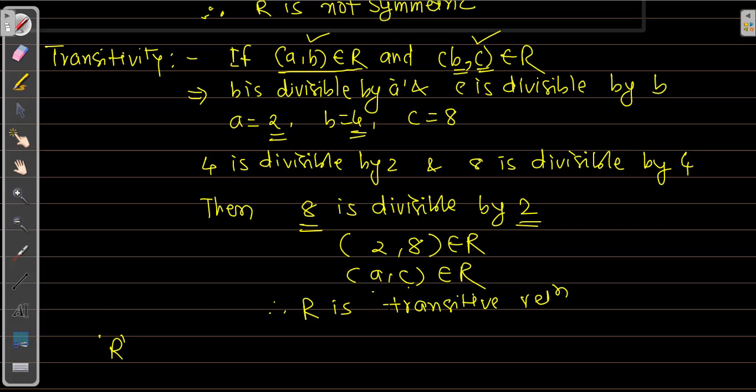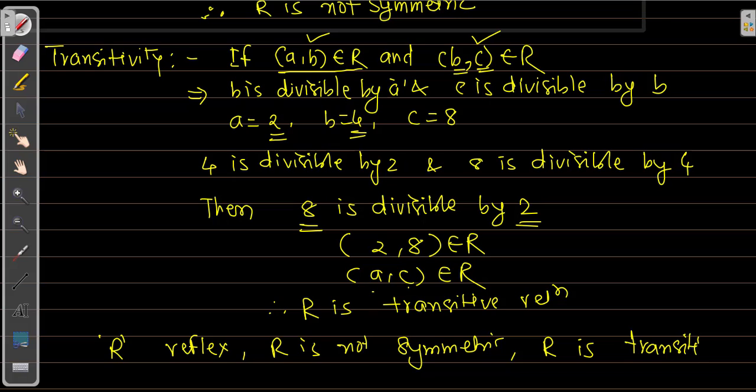So, our relation R, whether it is reflexive, symmetric or transitive: R is reflexive. R is not symmetric. R is transitive.